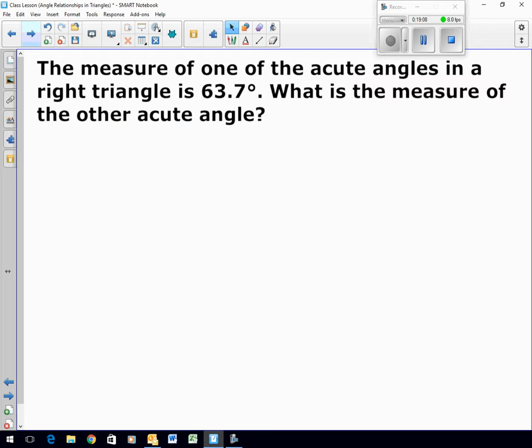All right. Here we go. The measure of one of the acute angles in a right triangle is 63.7 degrees. What is the measure of the other acute angle? How many degrees are in every triangle? 180. How many degrees are in a right angle?